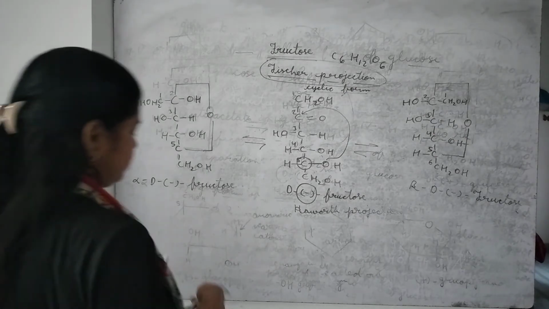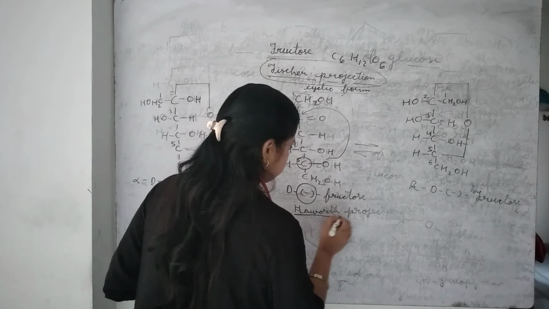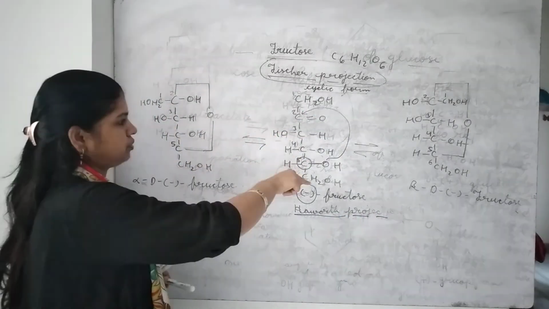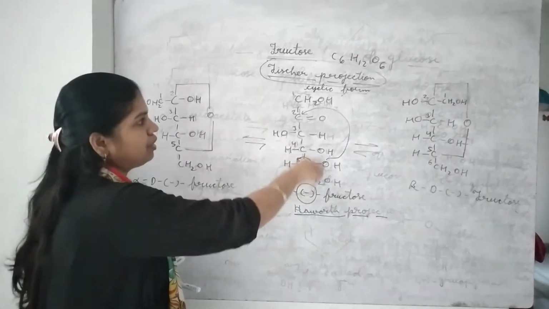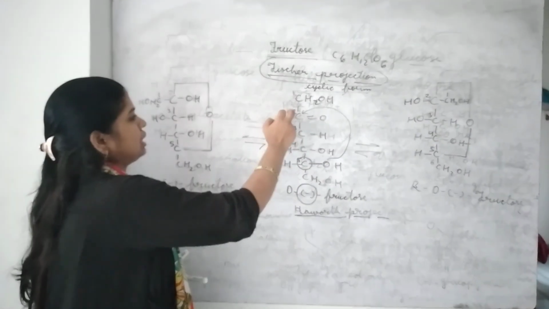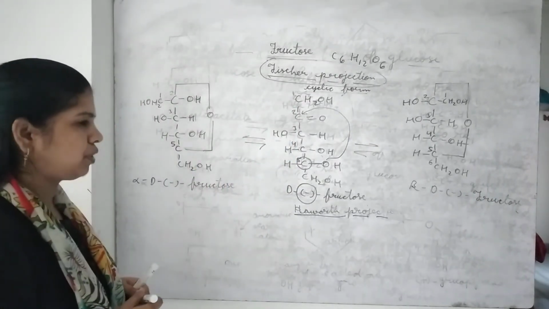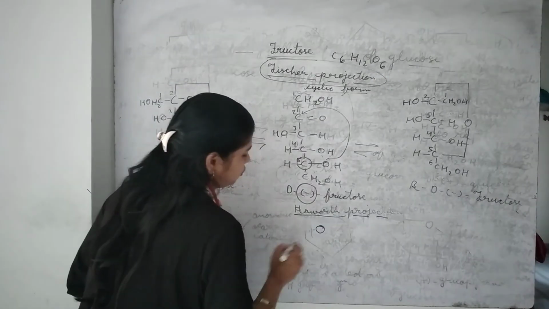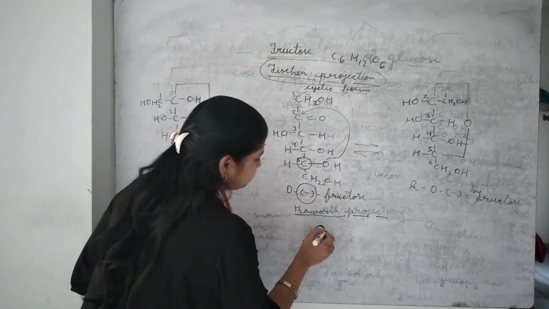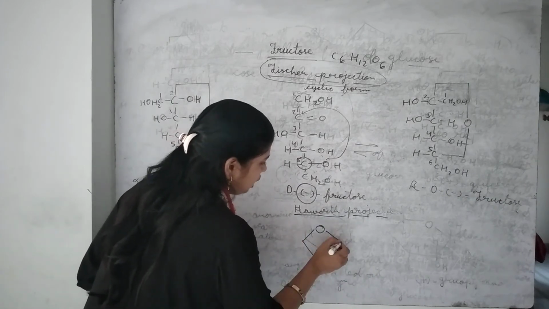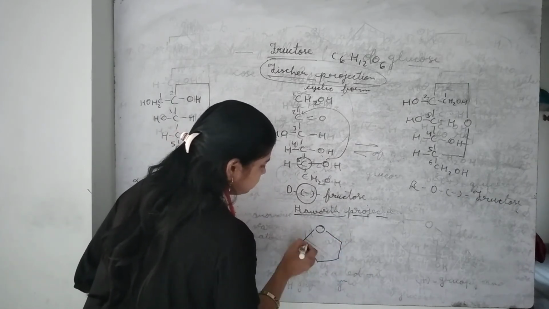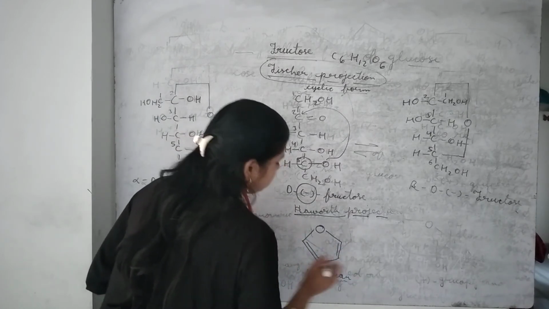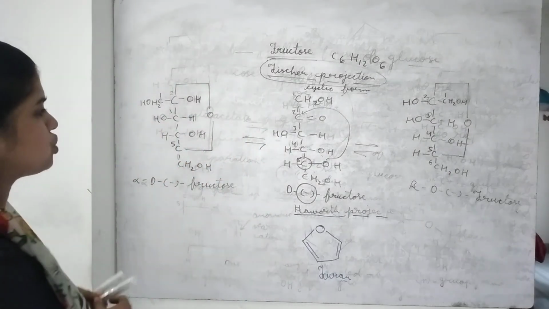In the Haworth projection, as there is one oxygen atom in between two carbon atoms, the second and fifth carbon atoms, it resembles furan. This is furan. Here there are 4 carbon atoms. It is called furan. Now this structure resembles furan.